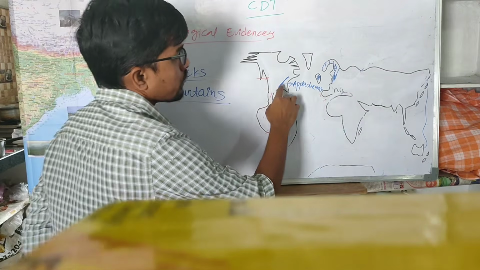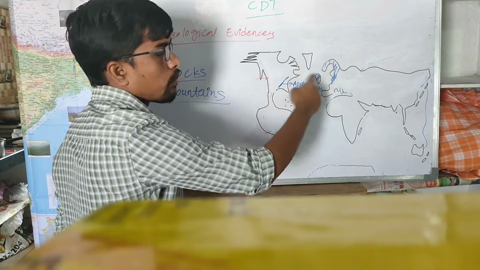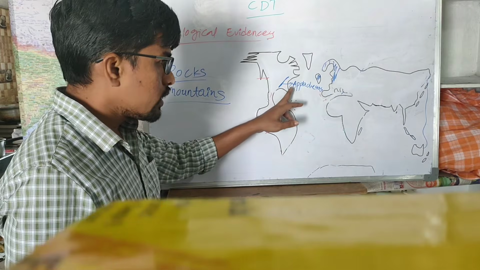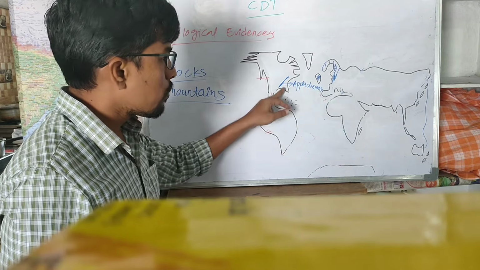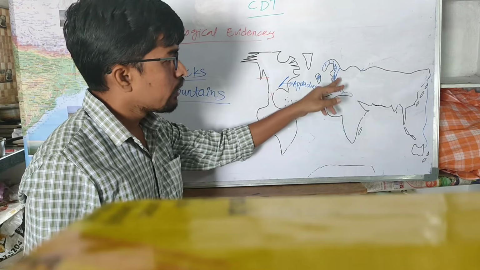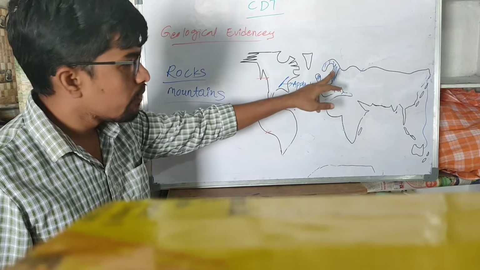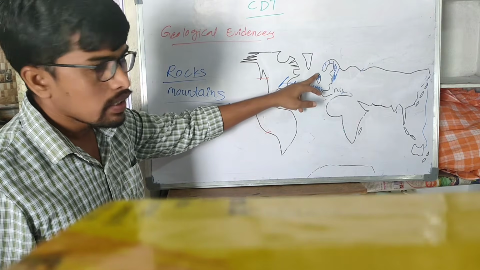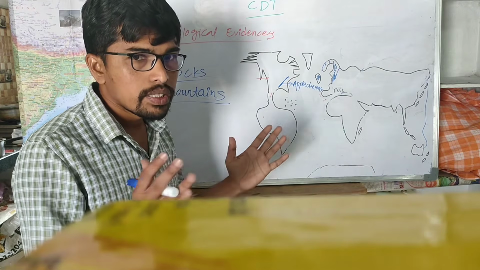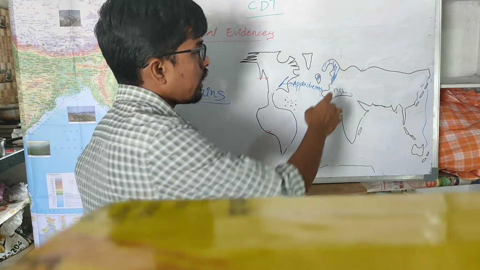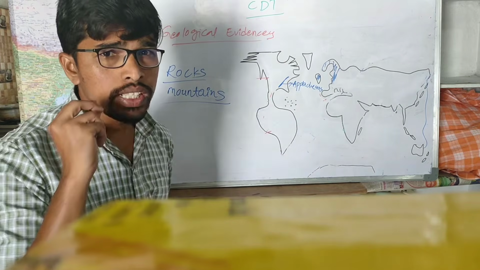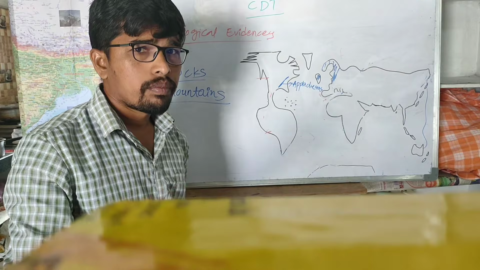The rocks and mountains present in the Appalachian Mountains in North America, and in Europe, Norway, Sweden, the Scandinavian countries, Wales and Ireland, have similar geological properties.